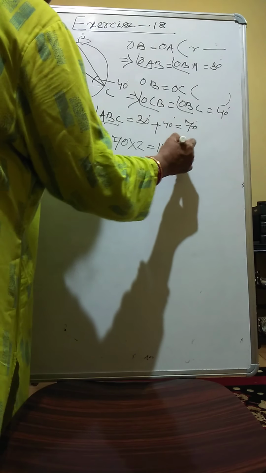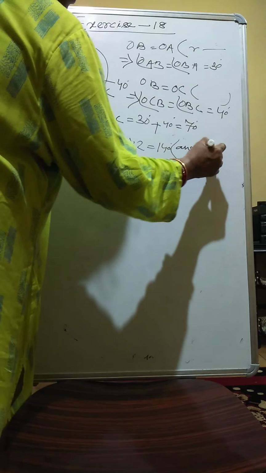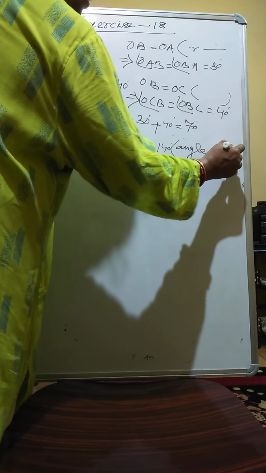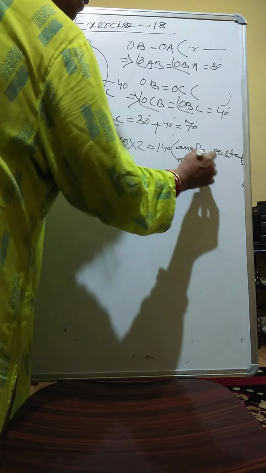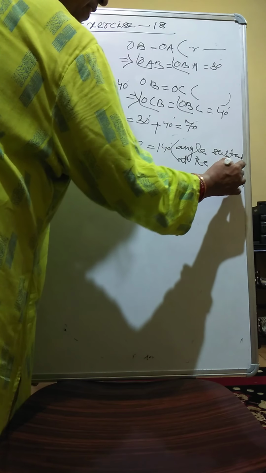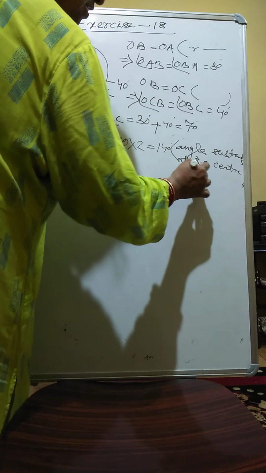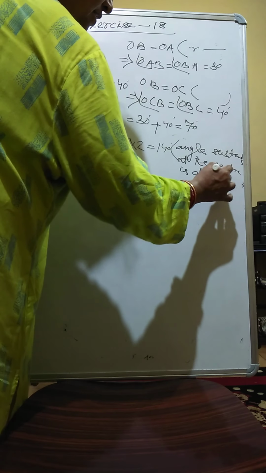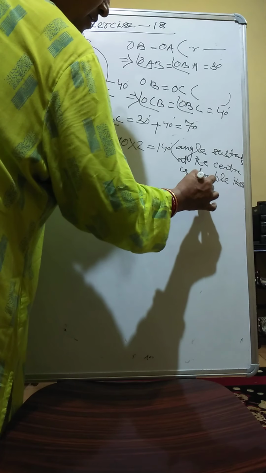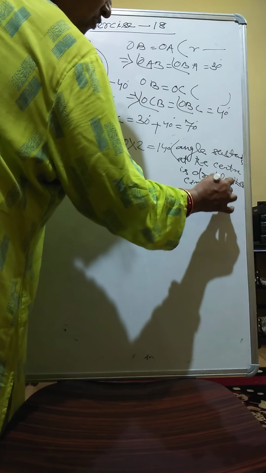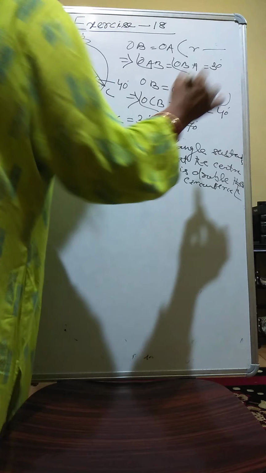You will write angle subtended at the center is double the circumference angle. Okay.